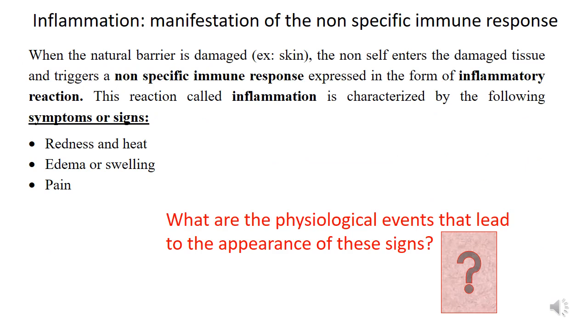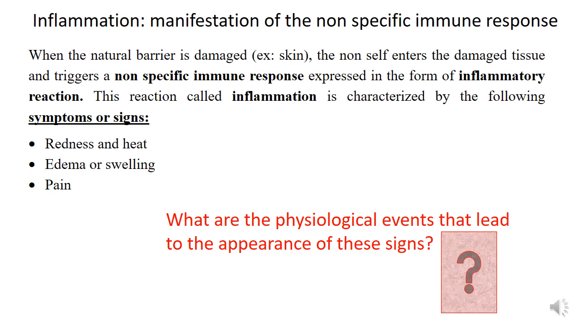What is inflammation? So, a manifestation of the non-specific immune response is inflammation. So when the natural barrier is damaged, for example the skin, the non-self enters the damaged tissue and triggers a non-specific immune response expressed in the form of inflammatory reaction.